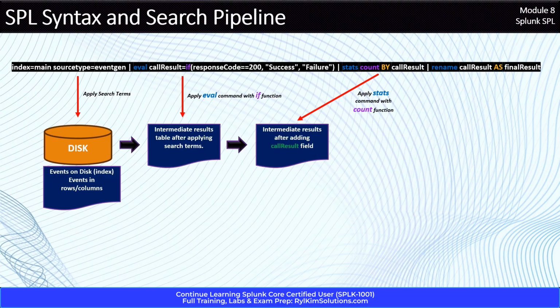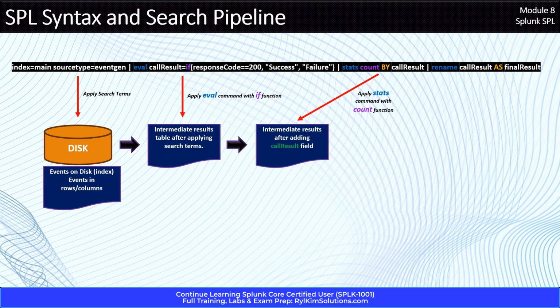So you're going to put your pipe character, you put stats, and the stats command in this case is associated with the count function. Now, in this specific case here, the count function doesn't have any arguments, but there are cases where the count function can be used with arguments. Following the count function, you have a by, which is a clause.